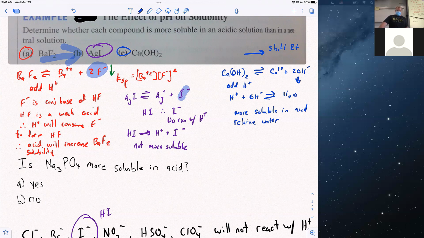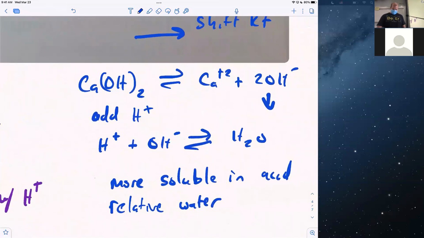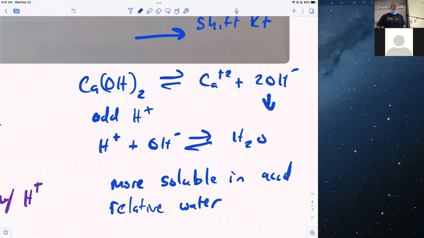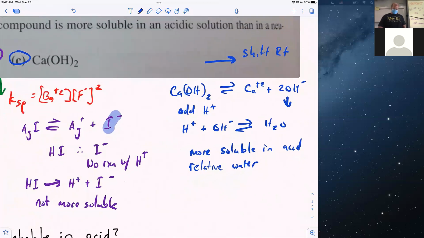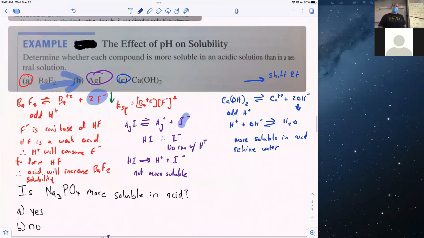You're looking at the products. The hydroxide product does react with acid, therefore it decreases. And if you take away a product, you shift right to form more products. Shifting right means solubility increases. Does that make sense? Yeah, go ahead, please.